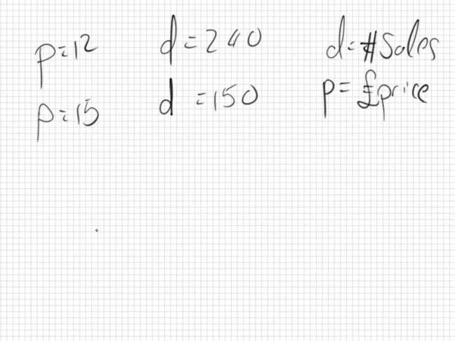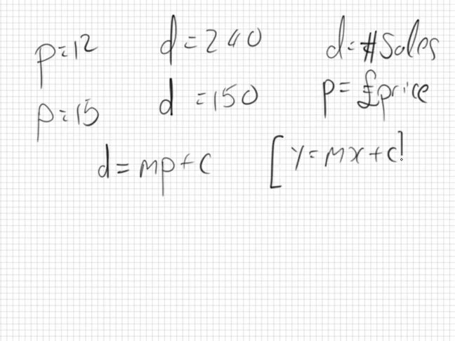So he wants a formula for D. He wants you to say D equals MP plus C, a lot like Y equals MX plus C, because it's going to be a straight line. So P is the X and D is the Y. This is my first point and that's my second point.